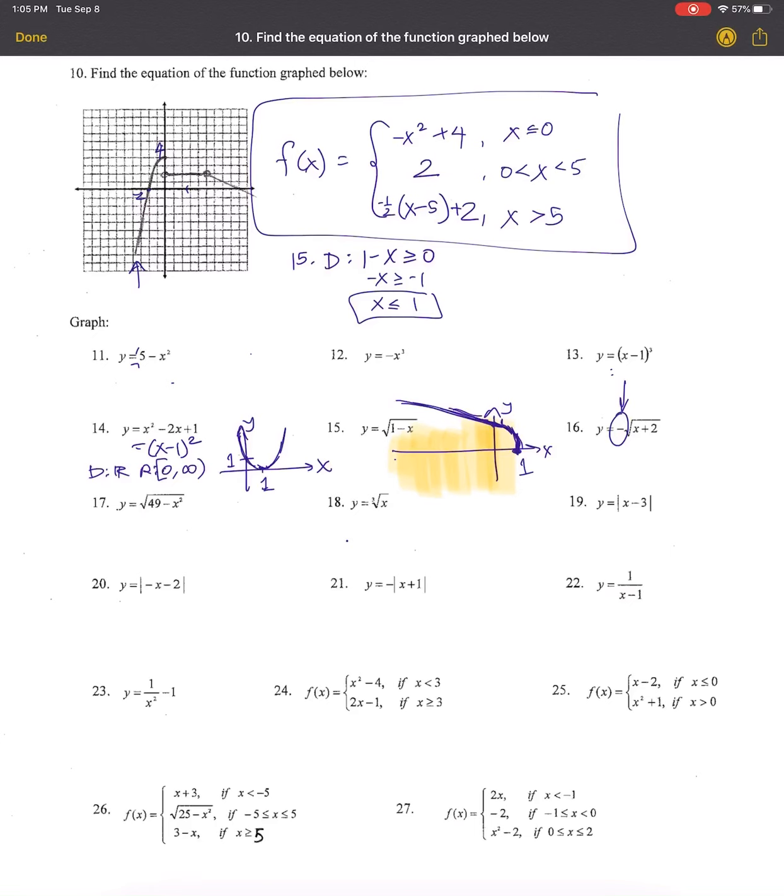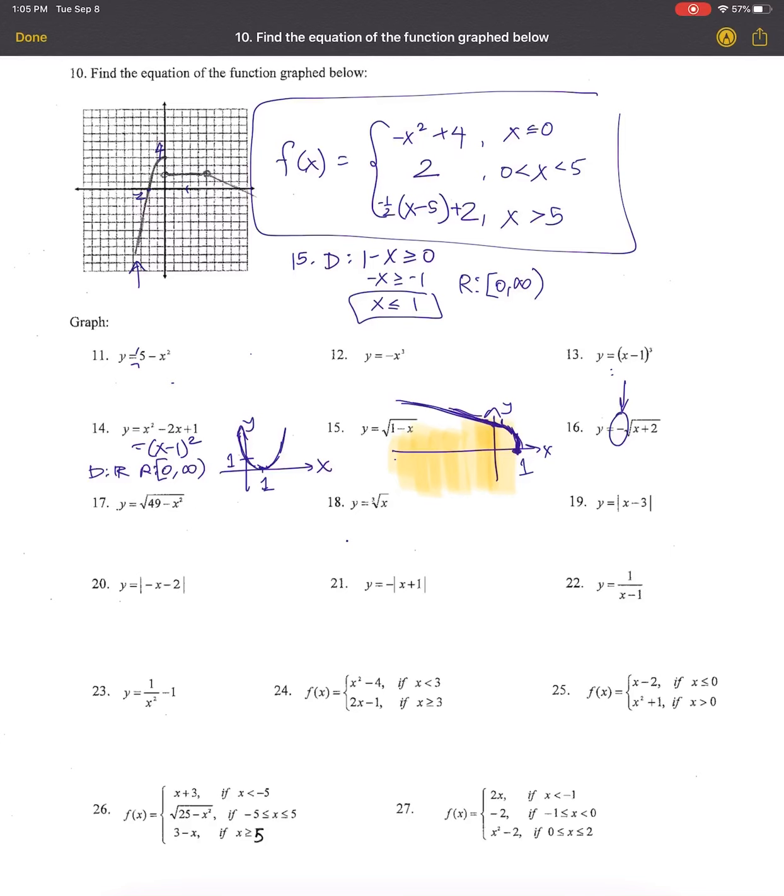But I feel like if you just figure out the domain, you don't need to know any of that pre-calc type of language. All right, what else on this one? The range. It's easier to see from the graph, and I could see that I have 0 and all positive y values. So from 0 to infinity would be my range for number 15.